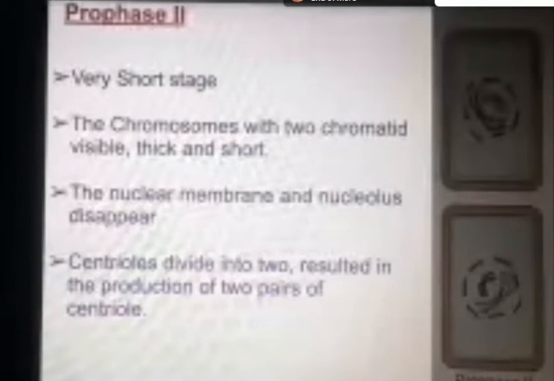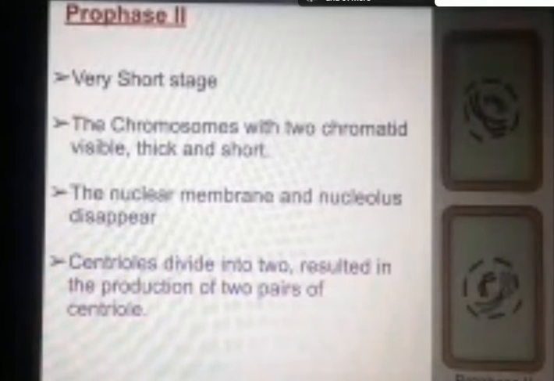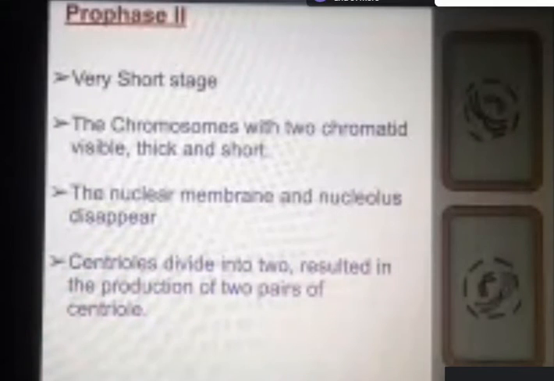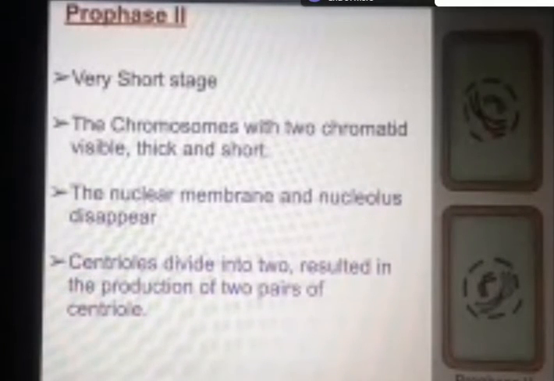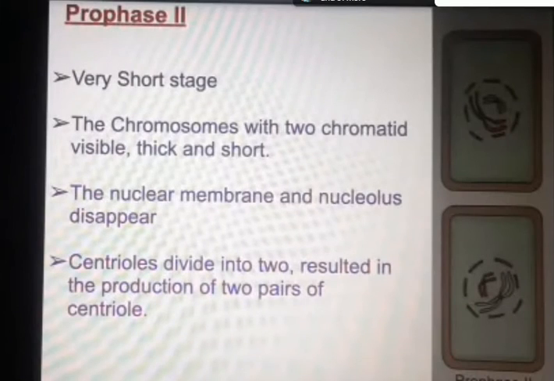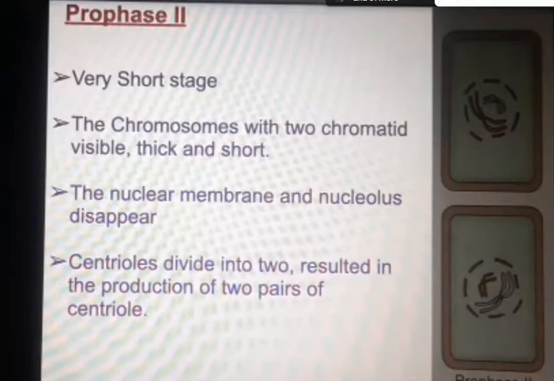Whenever we talk about centrioles, they give rise to the spindle fibers or microtubules. In most plant cells, centrioles were not found. Some kind of microtubule bodies were present, and how they were arranged and formed, researches are still going on.